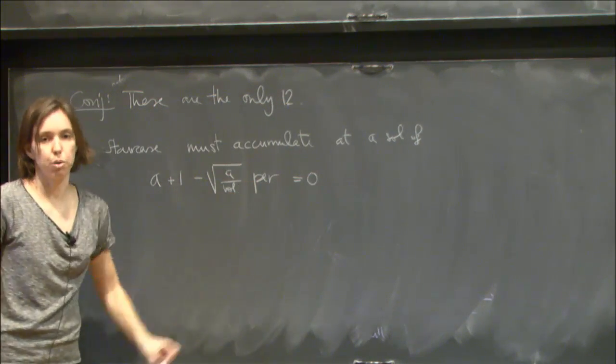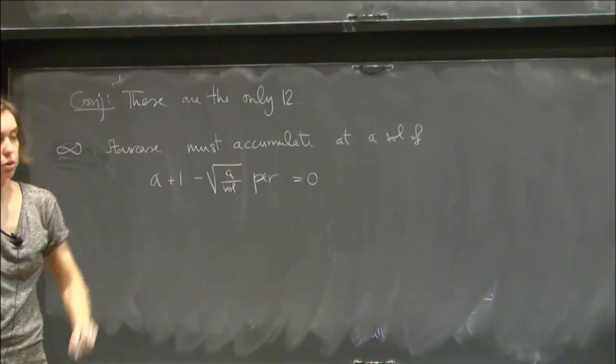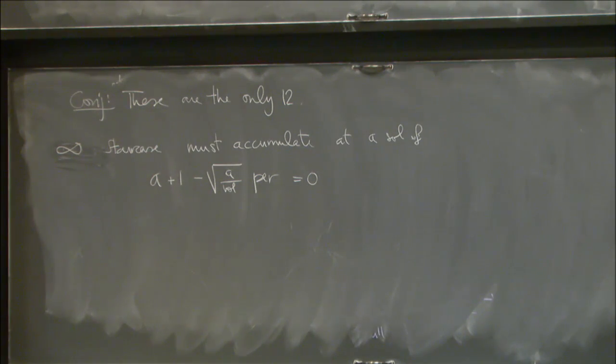So pair just means perimeter of whatever domain you have. Okay, so just count the lattice points around it.